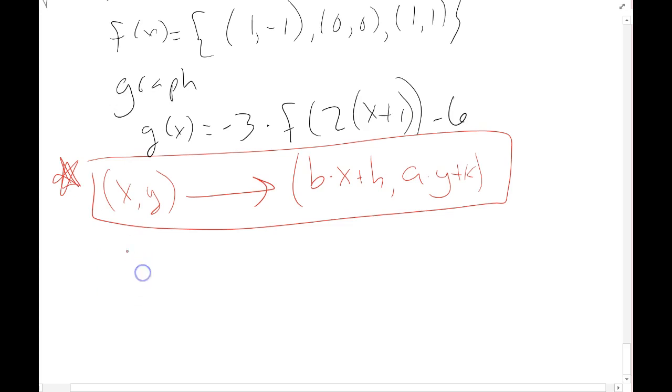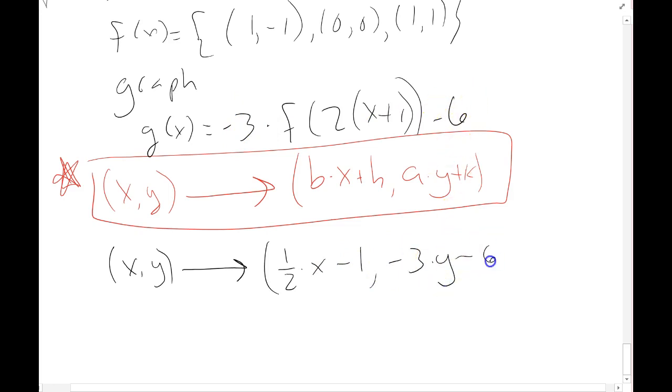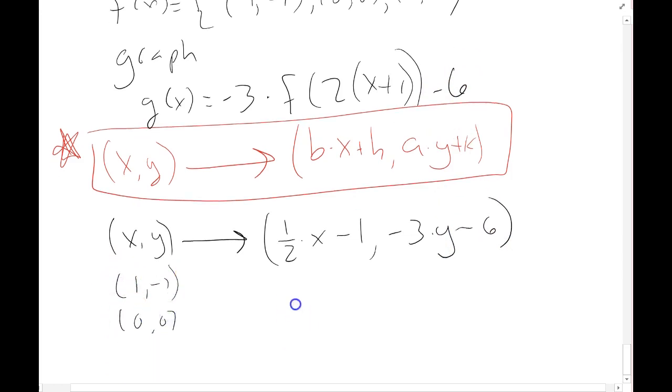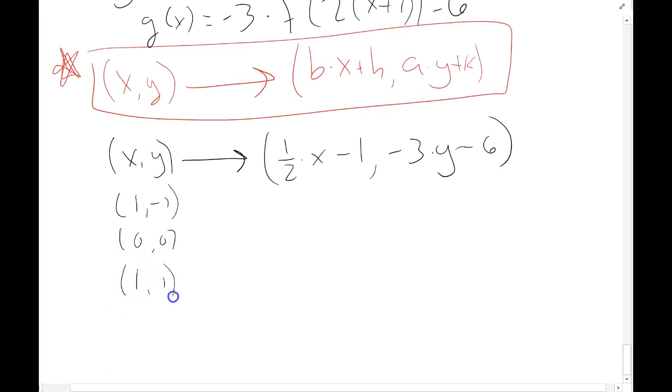So remember, the b value is the reciprocal of what's written here. The h is the opposite of what's written here. The a value is there, and the k value is there. So I'm just now going to plug in my values from f and plug them into this formula.